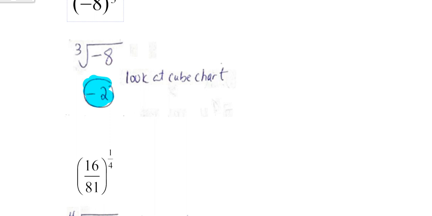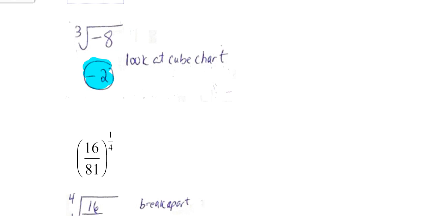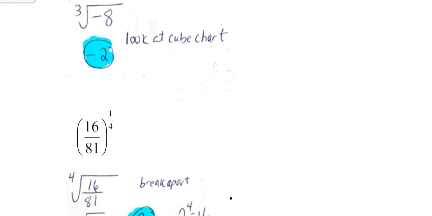So 16 over 81 to the 1/4 means I'm going to take the fourth root of 16 over 81. Now, there are laws of exponents that tell me I can break this apart. I can take the fourth root of 16 and divide it by the fourth root of 81, just like our multiplication one where we can take apart our radical and separate them.